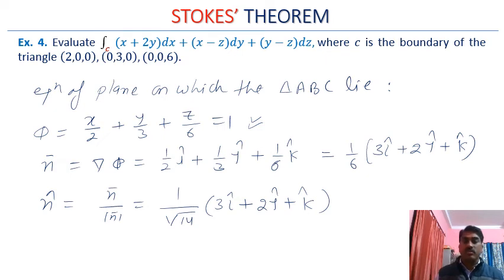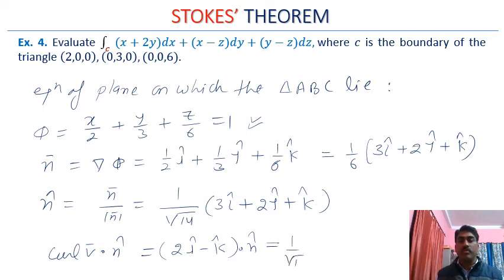Now put the things together, meaning curl v dot n. So we will calculate. You know that curl v is given by 2i minus k, and then dot n cap, meaning this unit vector, so we get 1 by root 14 and take the dot product. 3 into 2 for the i components is 6, and my j component is 0 in curl v, so this component becomes 0 in the dot product, and minus k dot k is minus 1.